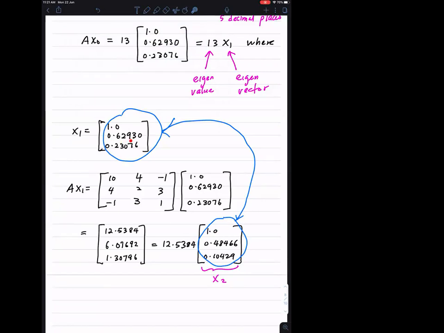On the second row, it is 0.62930, but here is 0.48466. On the third row, it is 0.23076, and here is 0.10429. You can see they're different. Second row and third row, they are different. So that's why you have to have them in many decimal places so you can see the difference clearly.